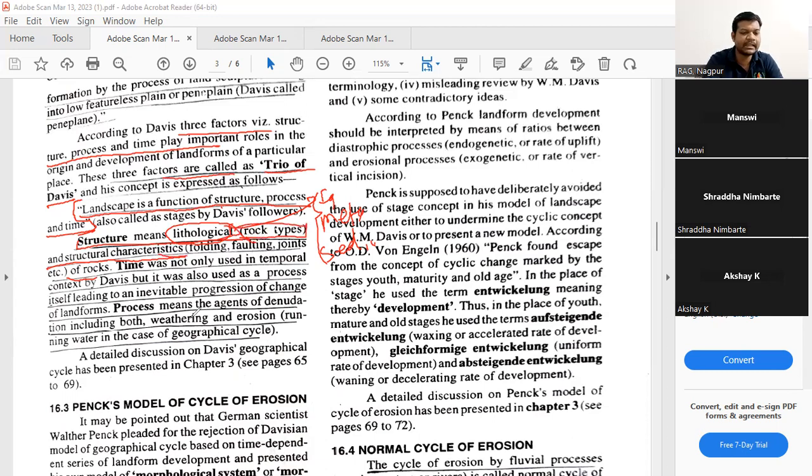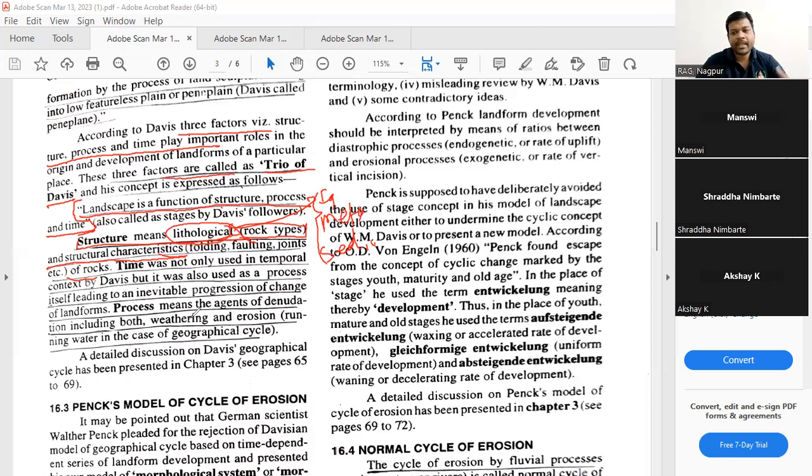And structural characteristics means those characteristics which we study in structural geology, that is folding, faulting, jointing, all these things. Whether the rock is folded, faulted, or jointed, because on the basis of that, the type or style of erosion will depend. If the rock is heavily jointed, faulted, or folded, then a different kind of weathering will occur.